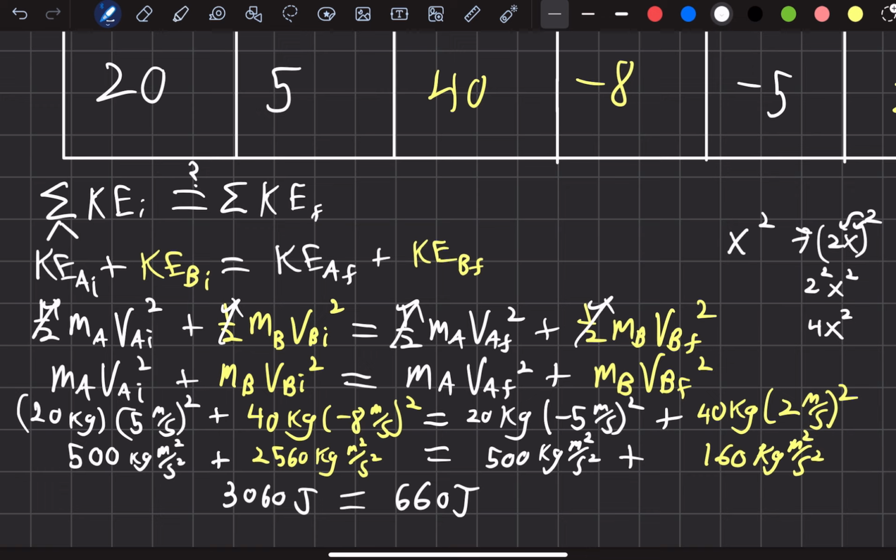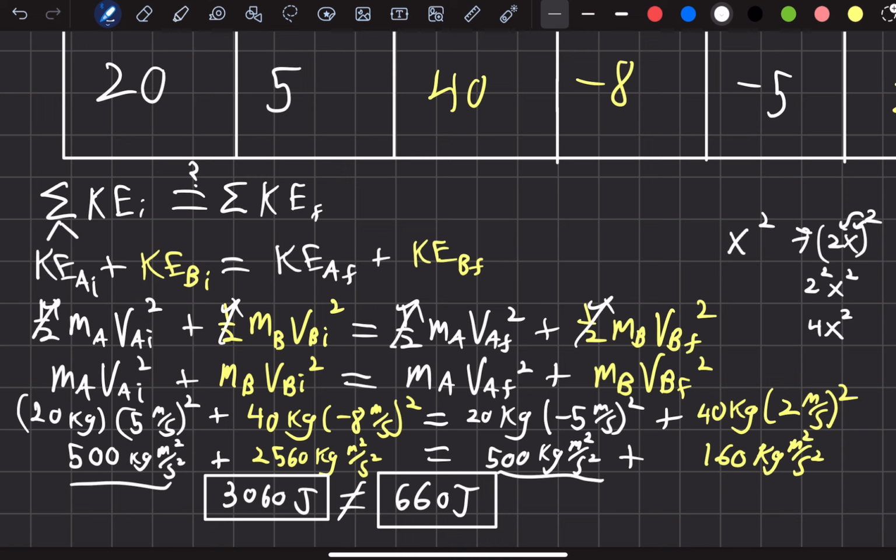So we finished evaluating all of the numbers in the expression. And what we get in the end is that the total kinetic energy initially was 3,060 joules, and the total kinetic energy finally is 660 joules. These two numbers are not equal to each other. And we could have noticed that because object A's kinetic energy did not change.